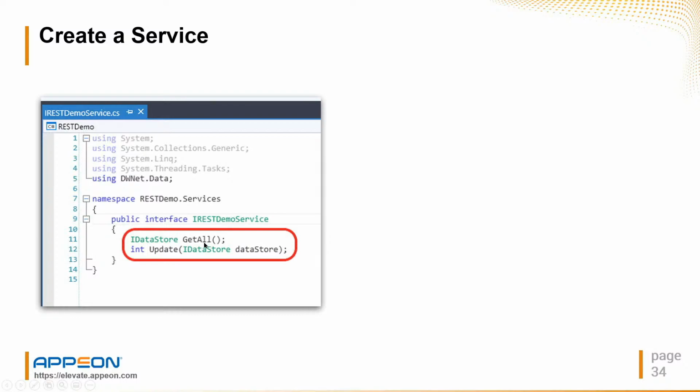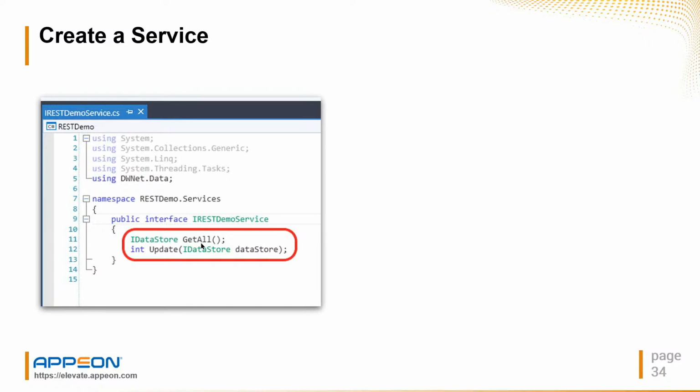I need a load function, or in this case I call it getAll, which retrieves the data as if you retrieve the DataWindow, and the update function as you update a DataWindow. The DataWindow itself determines whether it needs to do an add, a delete, or an update based on the state information it gets, with this PowerBuilder specific JSON format that includes state information for the rows and columns.